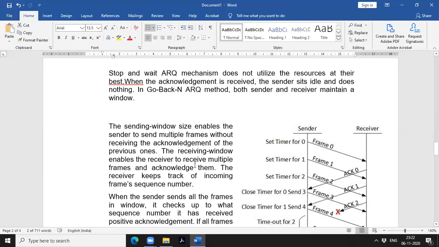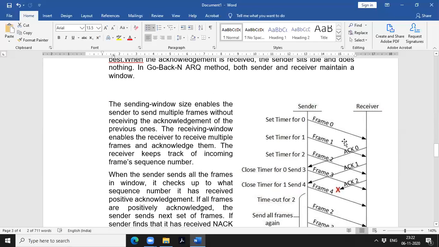Here we are sending multiple frames. It does not require waiting on a timer.